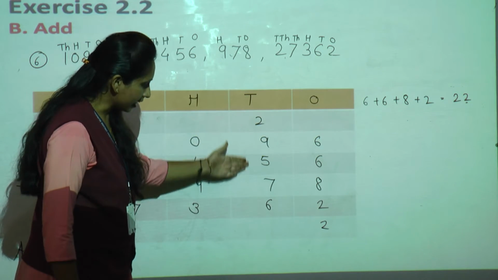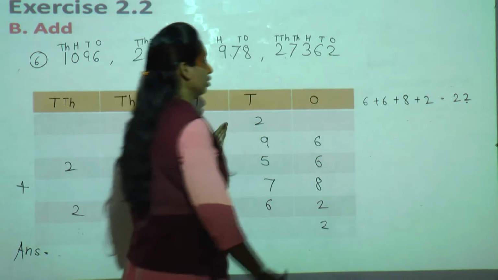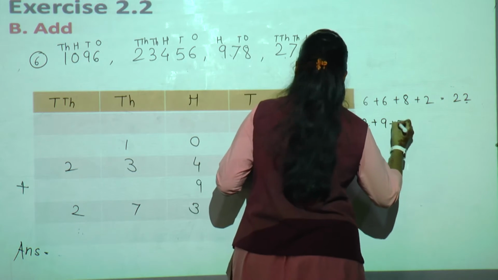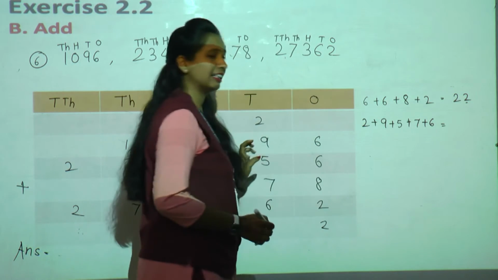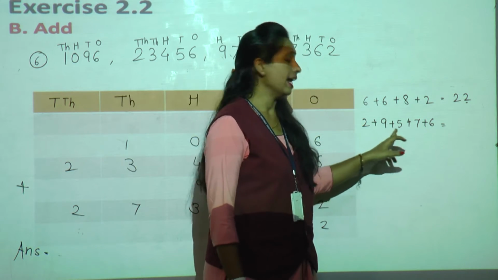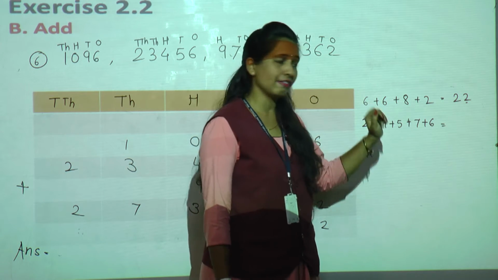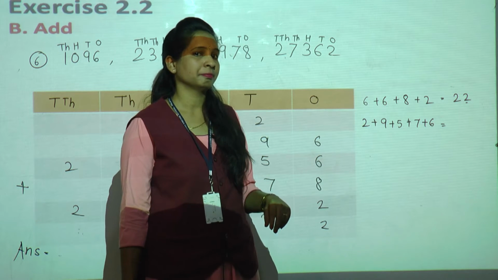Now tens addition with these 4 numbers, we have to take the carry also. So I'll start with the carry 2 plus 9 plus 5 plus 7 plus 6. Now let us see. 2 plus 9 is 11. 11 plus 5 is 16. 16 plus 7. Yes students, 16 plus 7.